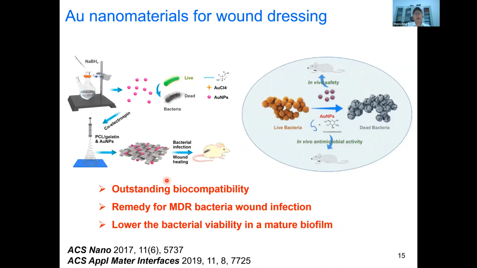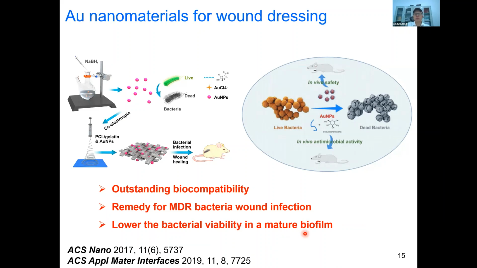And the biocompatibility, again, is very high. You can apply a very high concentration of the nanoparticle, particularly the MDR bacterial infection can be very easily reversed. And in some cases, we can even lower the bacterial viability in a mature biofilm.